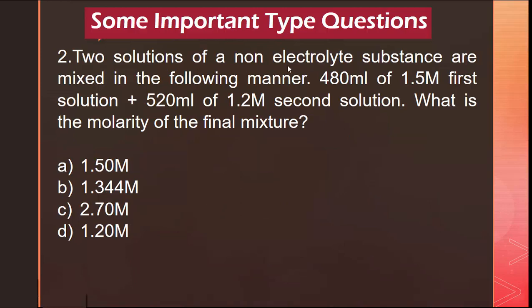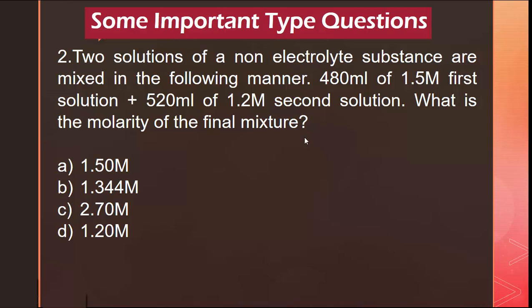Two solutions of a non-electrolyte substance are mixed in the following manner. 450 ml of 1.5 molar first solution and 550 ml of 1.2 molar second solution. What is the molarity of the final mixture?